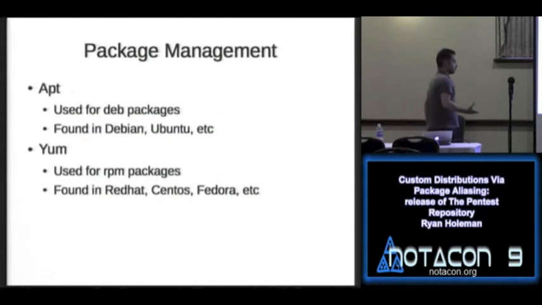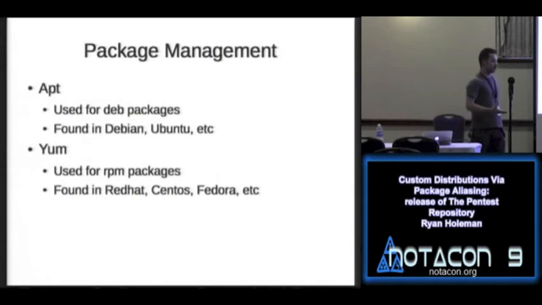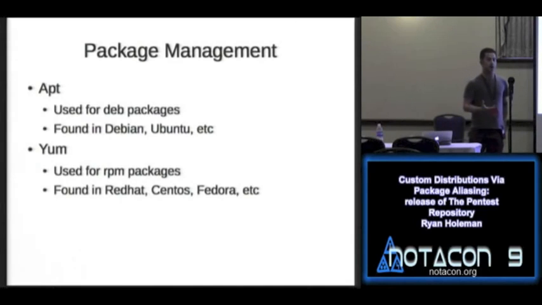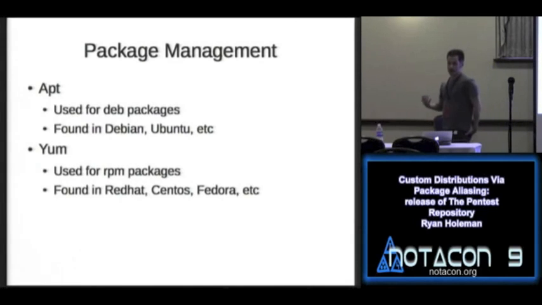So now, we have our packages, and we also have these applications in order to manage them, right? So we have package management applications. For deb packages, we have apt, and you'll find this also on Debian-based systems, and yum for RPM packages. And the way to think about a package management system is it helps you manage your packages, right? So you have this package, it will help you lay down the files contained within the package.